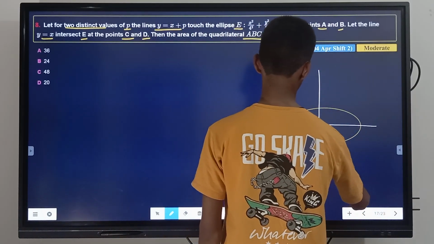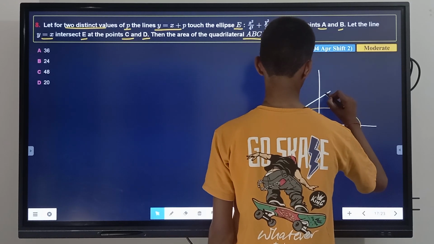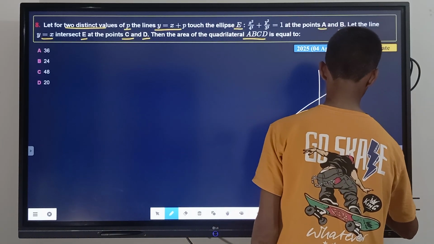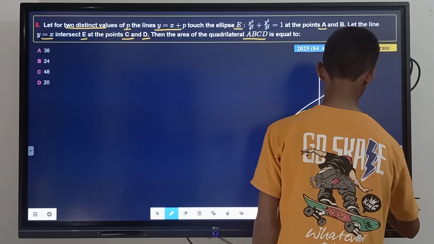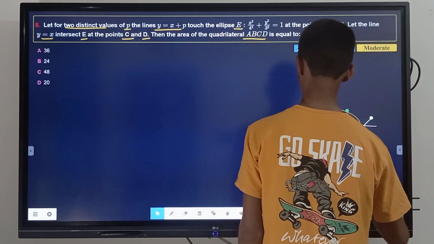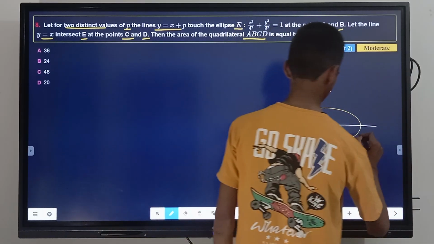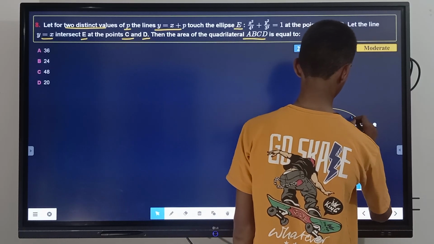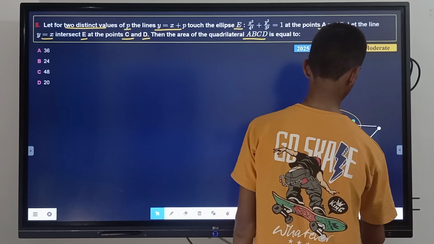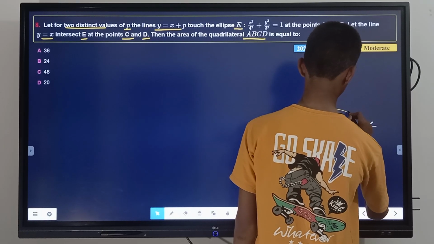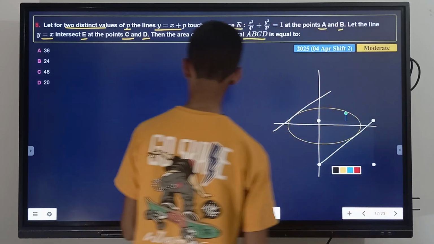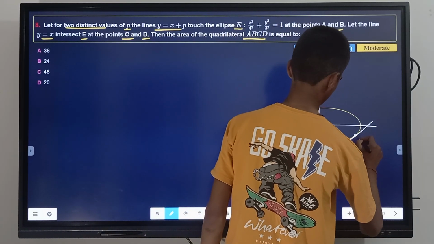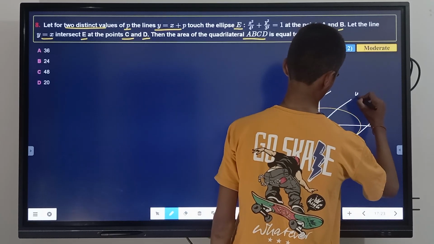Let's say here is our line y is equal to x plus b, and it also touches the ellipse here at points A and B. And let's say here is our line y is equal to x.